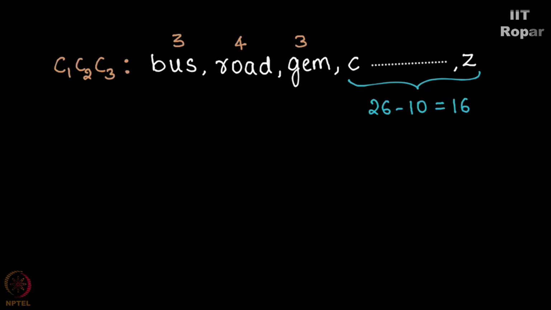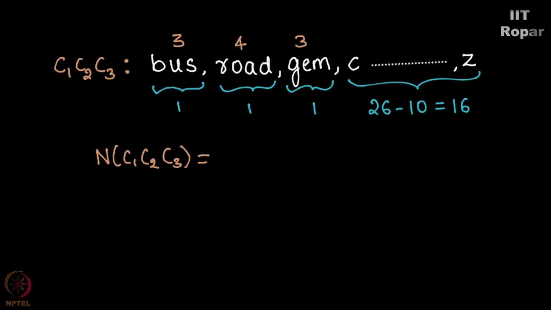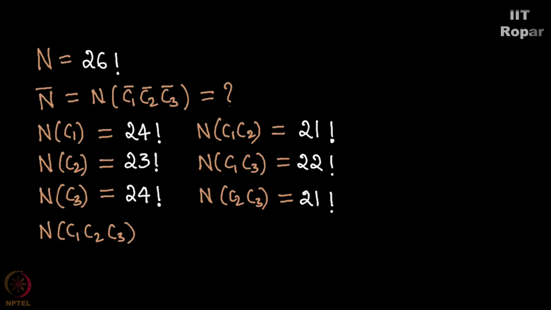So 16 alphabets are remaining. 16 plus 1 unit of bus, 1 unit of road and 1 unit of gem. So it is 19 units, and permutations of these 19 units will give words which contain bus, road and gem as strings. So, n of C1 C2 C3 will be 19 factorial.